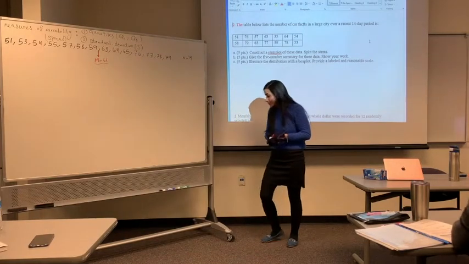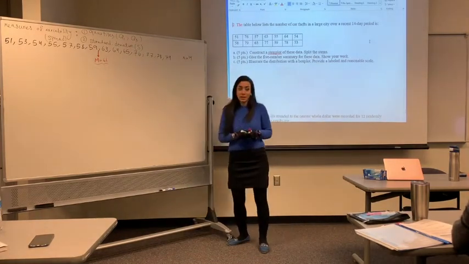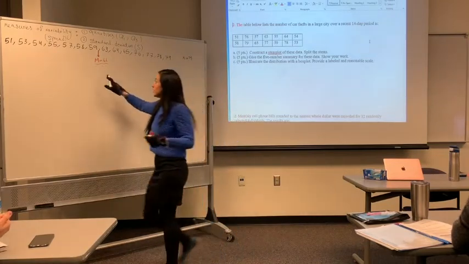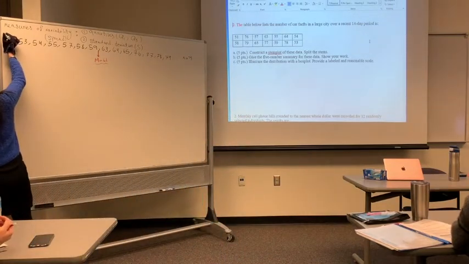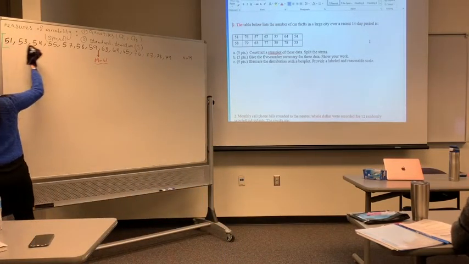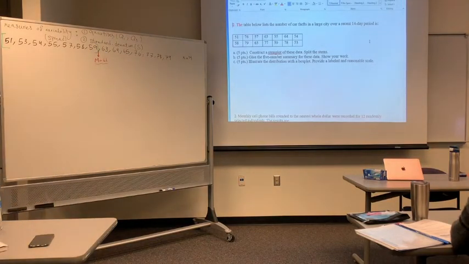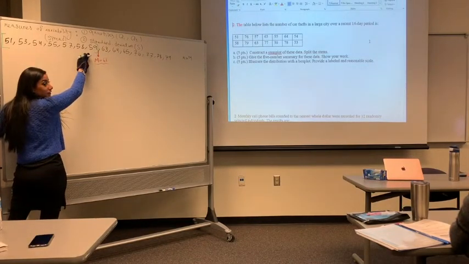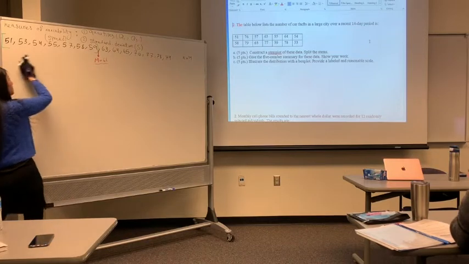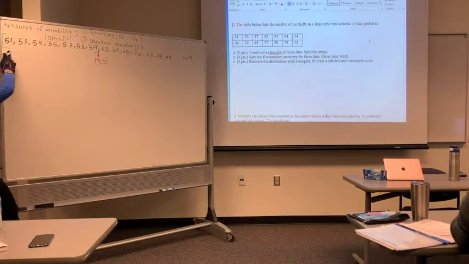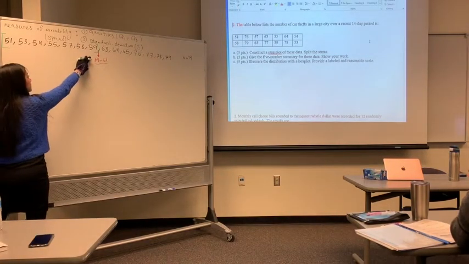Now, to find a quartile, use the data set before the median. The number before median was 59, correct? Up to the minimum. We will use this data set.